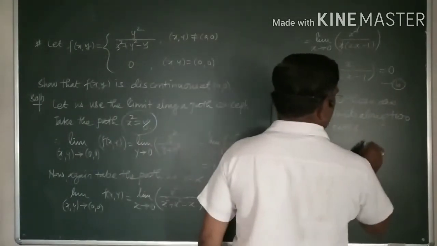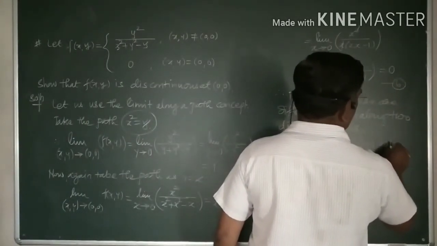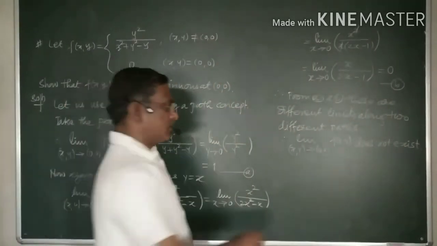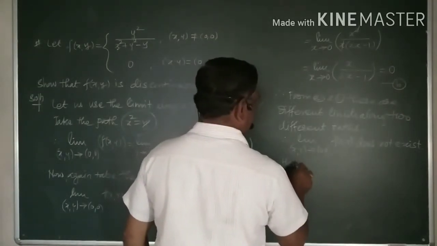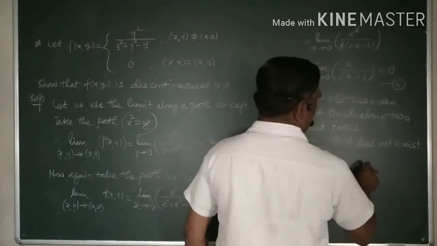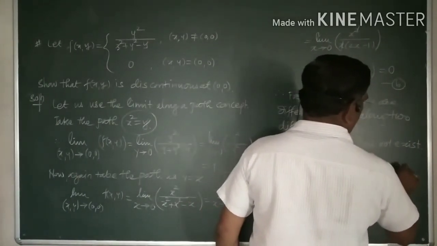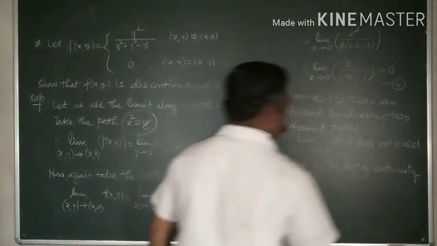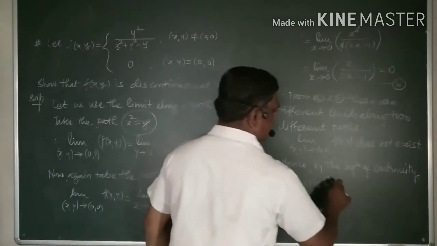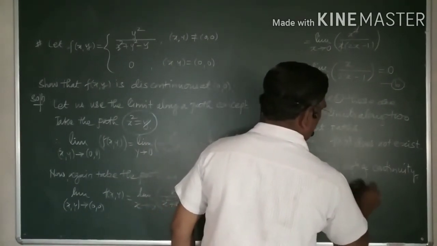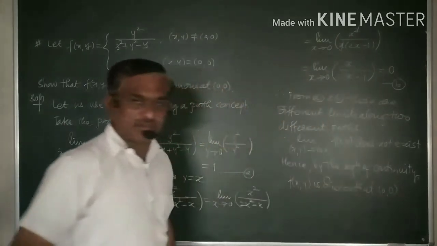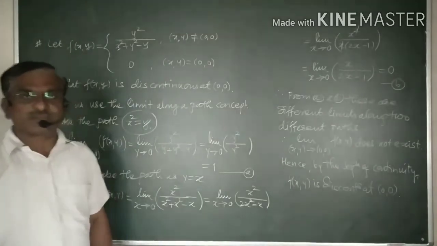This limit does not exist, right? It does not exist. Okay, and as the limit does not exist, hence by the definition of continuity, f(x, y) is discontinuous at the point (0, 0).